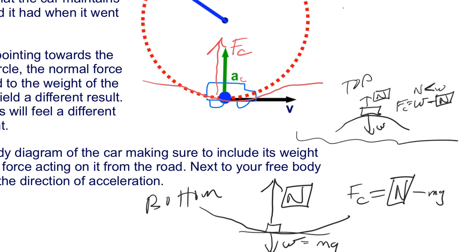Notice the difference. All I did was switch around the mg and the N. Notice that difference right there. So the FC at the top compared to the FC at the bottom.